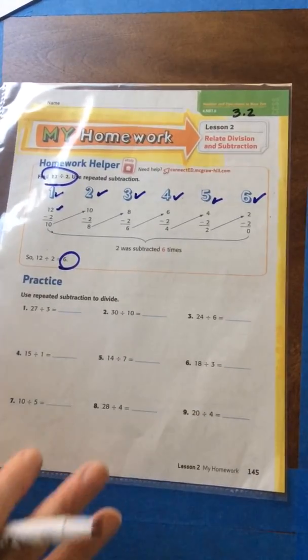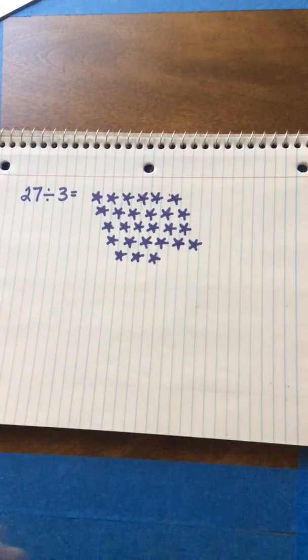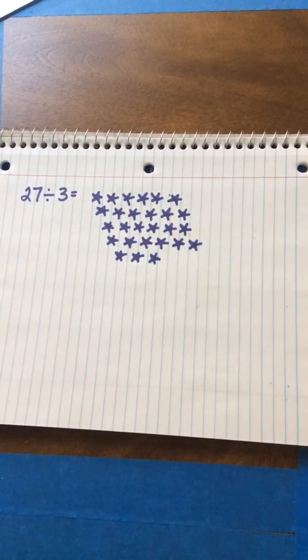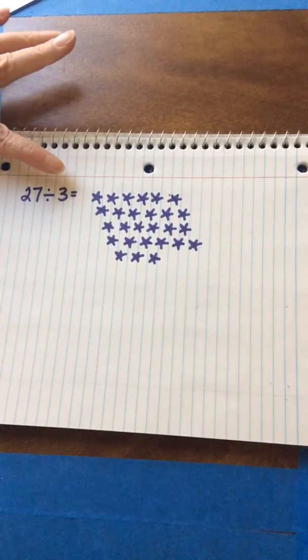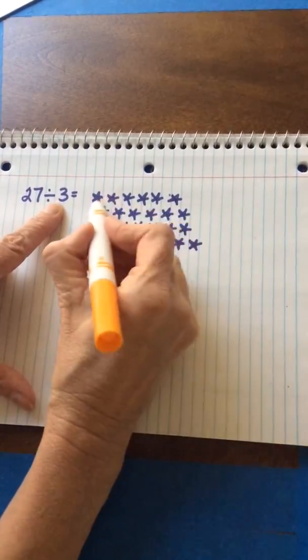Let me show that in a different way. We're going to take number 1, which is 27 divided by 3. A lot of times when we taught kids about division, I would tell them, you have your dividend and your divisor, and I would take out groups of 3 as my divisor.